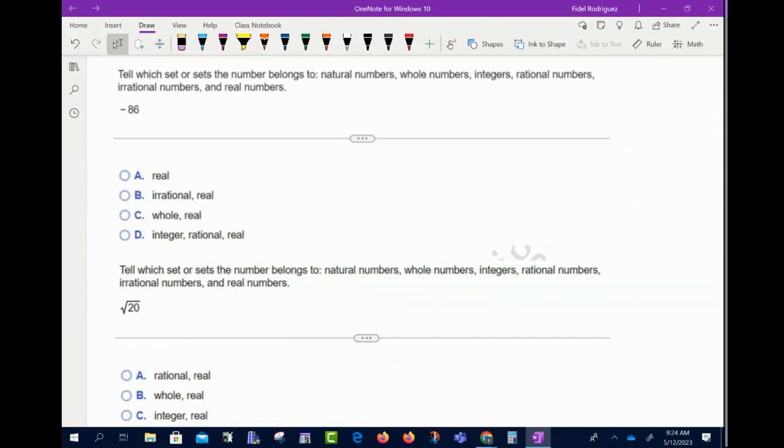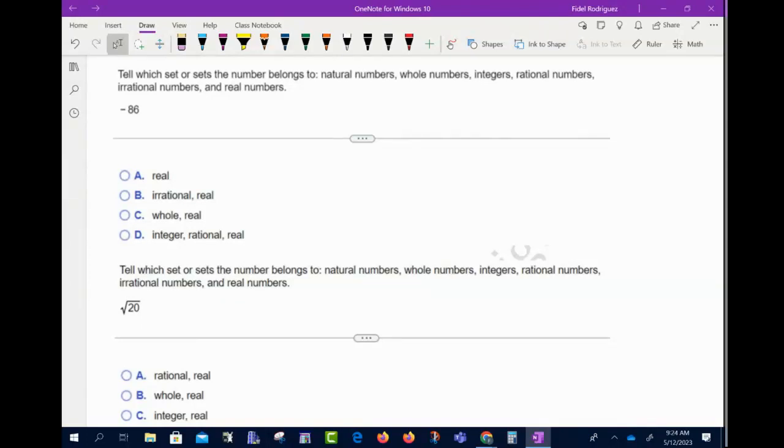Negative 86. Okay, we want to know, is negative 86 a real number? Is it an irrational number and real? Is it a whole number and real? Is it an integer, a rational, and a real number? So guys, one thing I want to mention, every one of the numbers we're going to have, they're all going to be real numbers, okay?